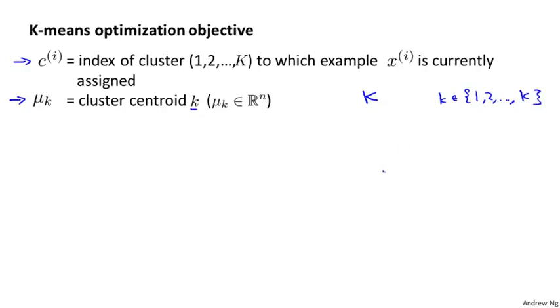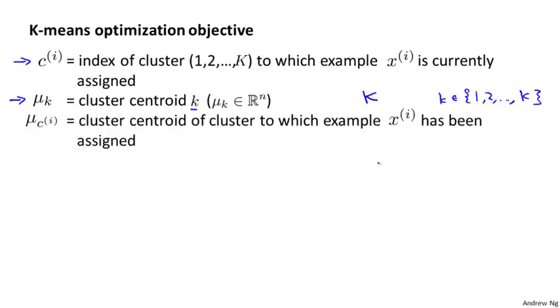Now, here's one more bit of notation, which is going to use mu subscript c^(i) to denote the cluster centroid of the cluster to which example x^(i) has been assigned. To explain that notation a little bit more, let's say that x^(i) has been assigned to cluster number 5.